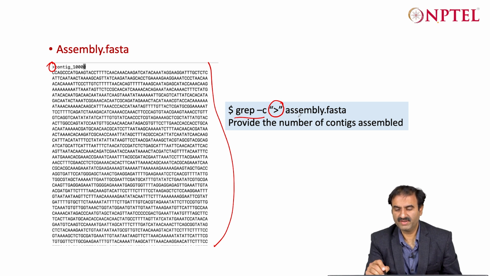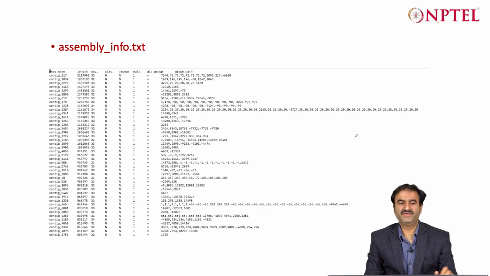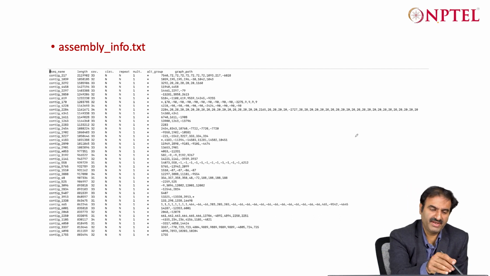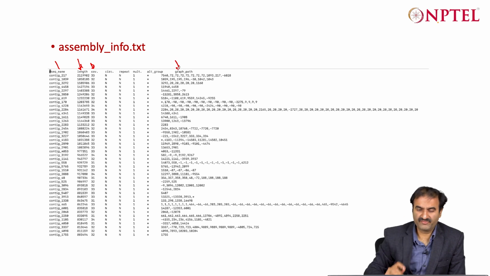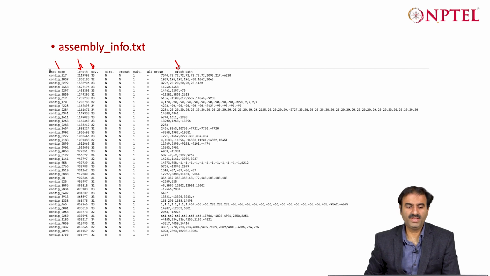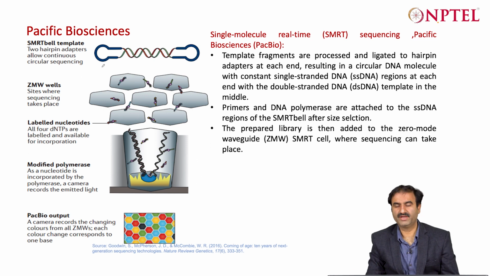So count this symbol from this file, it will give you the number of contigs that are assembled and placed in your file. So this is the assembly_info.txt file, which gives you a summary of the contig number, the length of the contig, its net coverage or average coverage 33 KB, and other parameters from the graph. So basically this part is more useful for you.